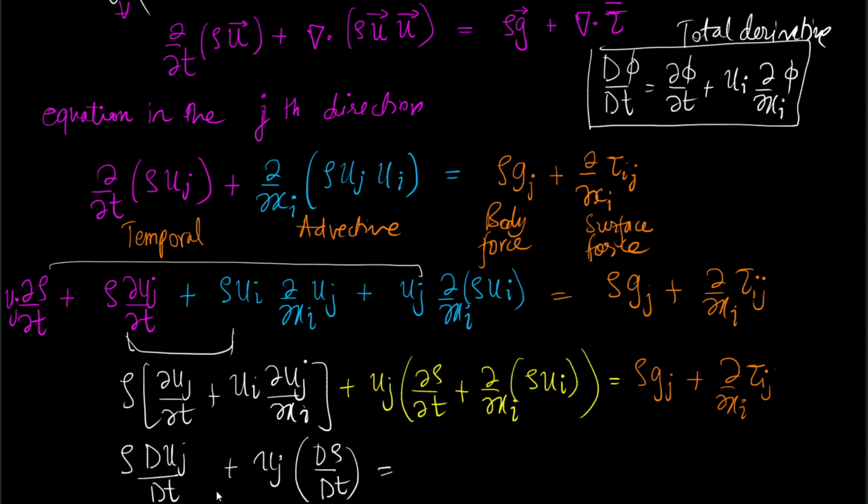Now this particular term is 0 by the conservation of mass, and so the left hand side boils down to rho duj dt is equal to rho gj plus del xi of tau ij.